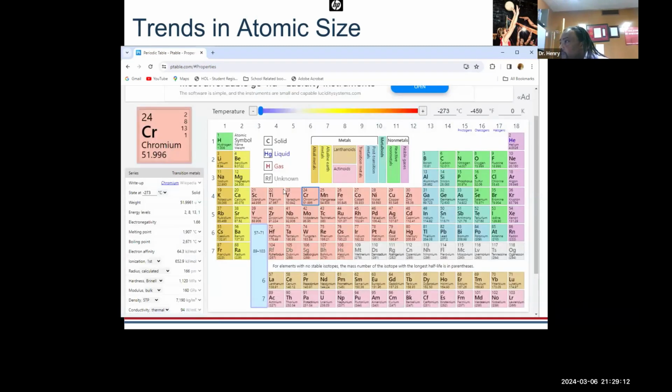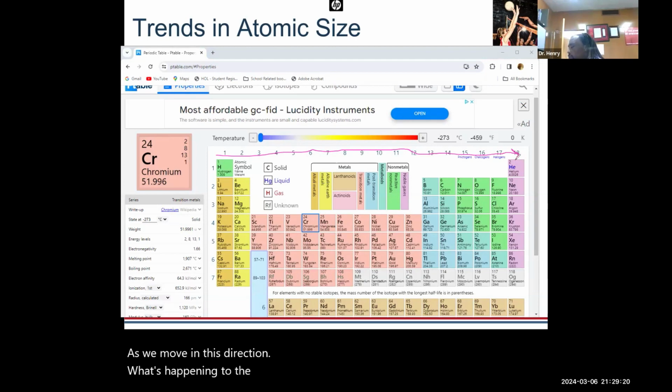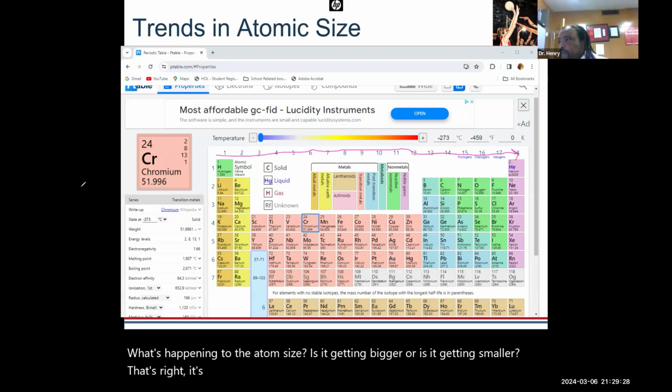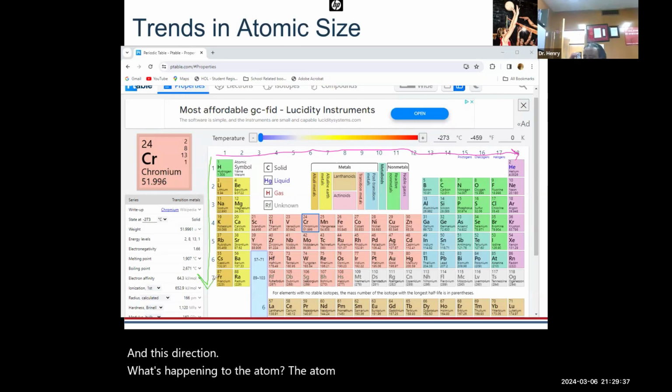As we move in this direction, what's happening to the atom size? Is it getting bigger or is it getting smaller? Smaller, that's right. As we move in this direction, what's happening to the atom size? It gets bigger. It increases. That's right, it's getting bigger.